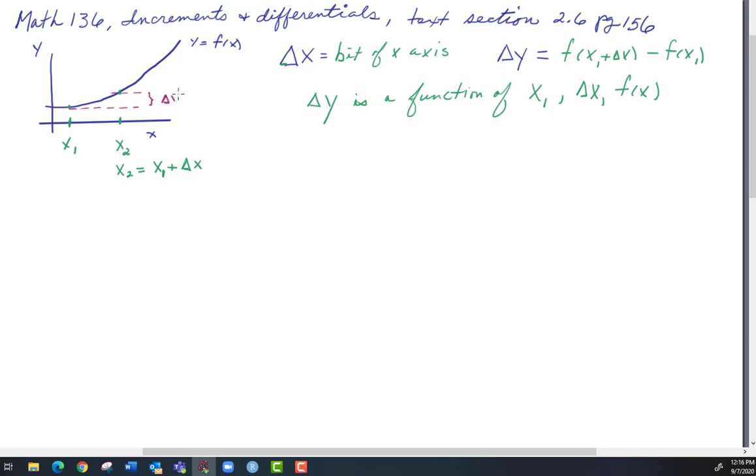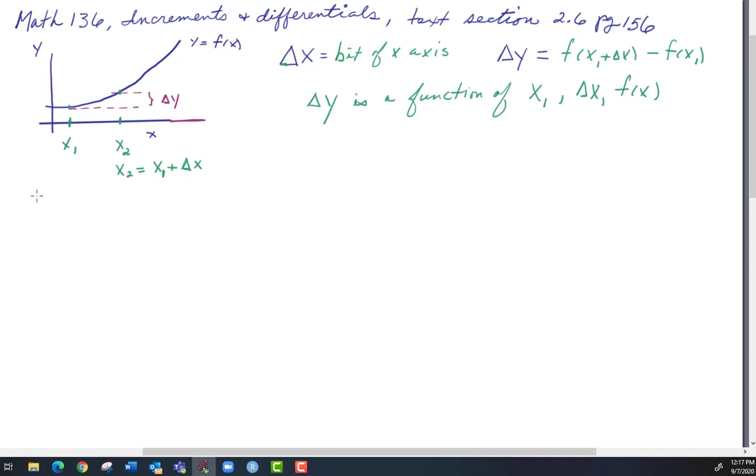That would be an amount delta y, the change in y. But if I would move the same amount delta x over in this region, over in here somewhere, then delta y, because the curve gets steeper, would be much bigger. So delta y is a function of three things: the x1 that we pick, how far we move, the delta x, and what the particular function is that we're playing with right now.